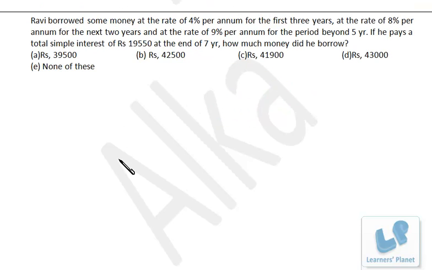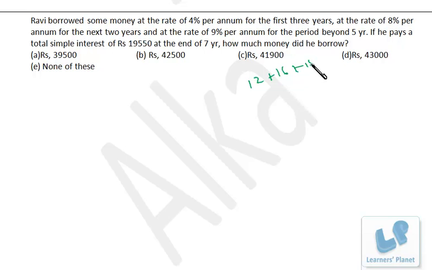Now, a sum of simple interest. Ravi borrowed some money at the rate of 4% per annum for first 3 years, at the rate of 8% for next 2 years, and the rate of 9% for the period of 5 years. If he pays the total simple interest, now simple interest remains same for every year, right? Now 4% for first 3 years, that means 12% of the amount, then 8% for next 2 years, that means 16%, and 9% for 2 years, that is period beyond 5 years.